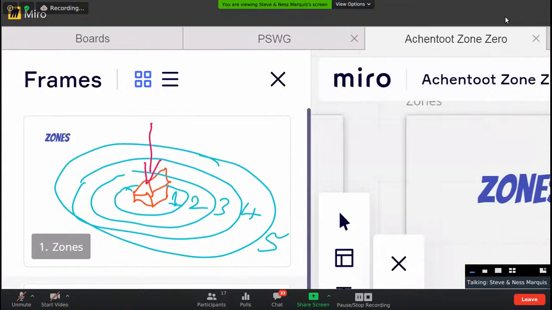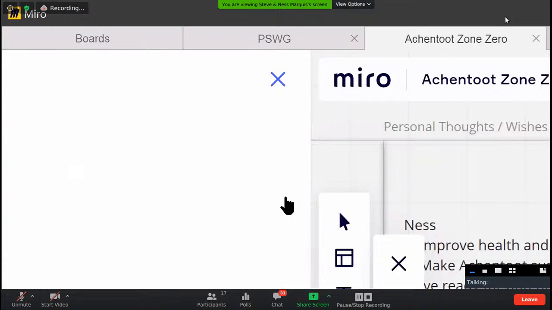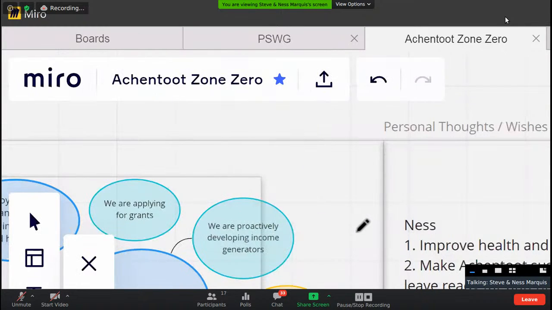So Ness and I did this here. We started off between us independently, making a list of our wants and needs. So Ness came up with a list of 5. I came up with a list of 4, but I cheated because I put sub-lists in there.